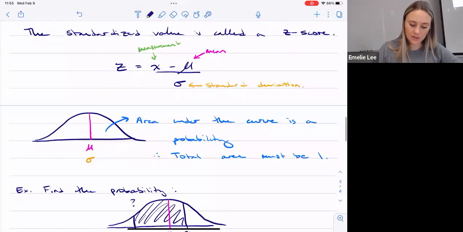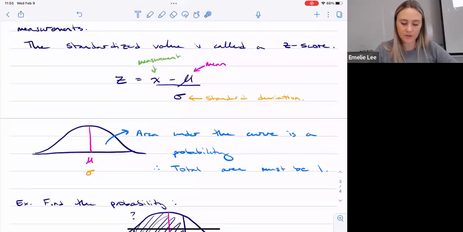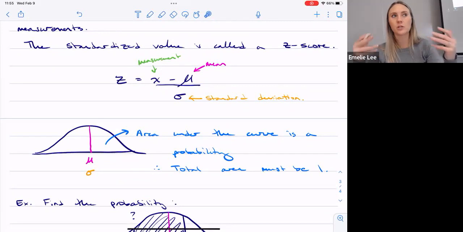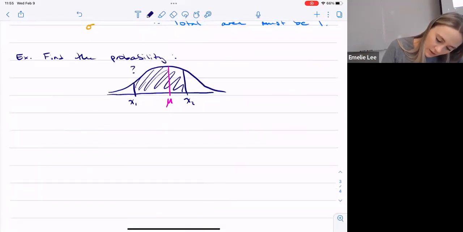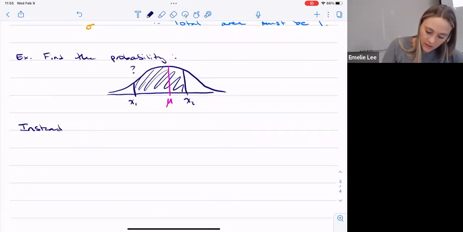It means converting it to this Z. So a Z is a special case. So the Z distribution. So here, I'll finish this thought.